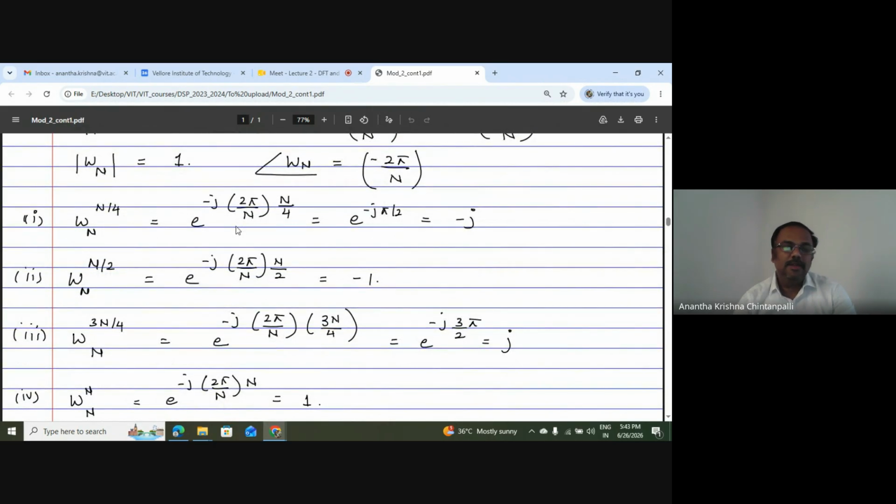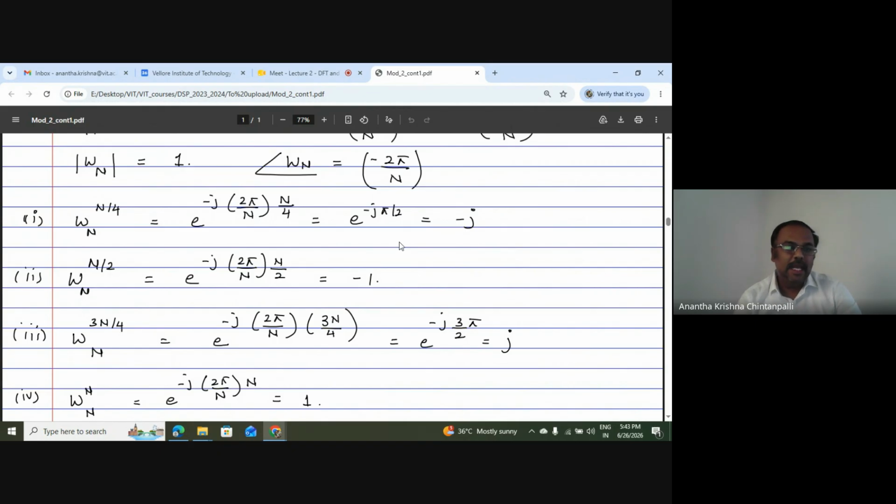Now here I am going to substitute some values and try to see some properties associated with the twiddle factor. Wn to the n by 4 is nothing but e to the power of minus j 2 pi by n multiplied by n by 4. So n cancels out, and you end up with e to the power of minus j pi by 2, which is minus j.